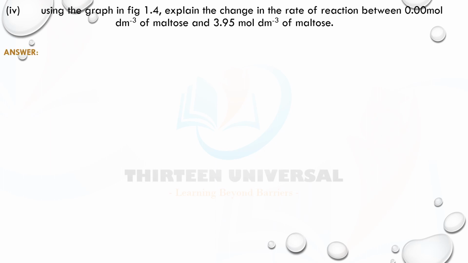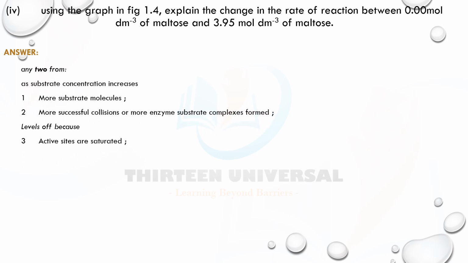But the graph will level off, which means the active sites are saturated. That's at Vmax. So you have more enzyme-substrate complexes, until the active sites are saturated. Then enzyme concentration is now the limiting factor.